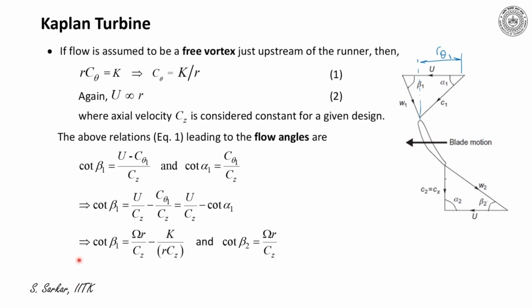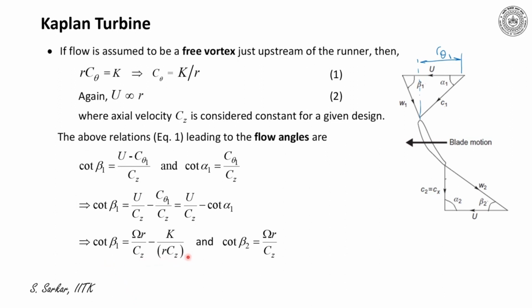Furthermore, putting the distribution of C theta with R, I can say cot beta 1 is equal to omega R divided by Cz minus, putting the value of C theta, K divided by R into Cz.